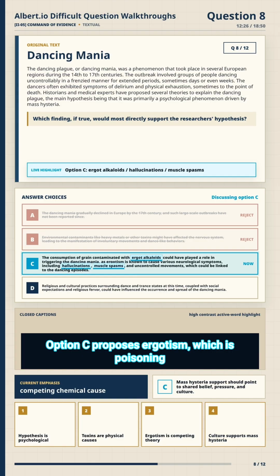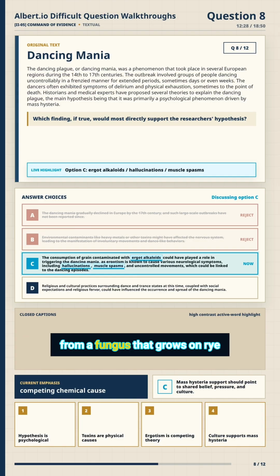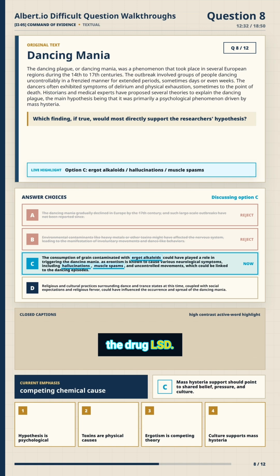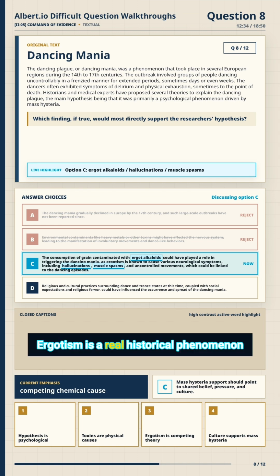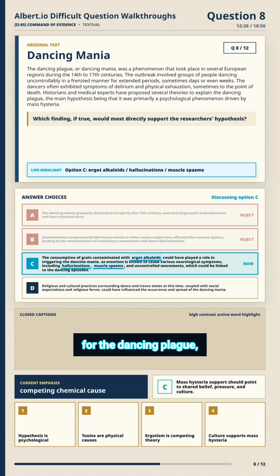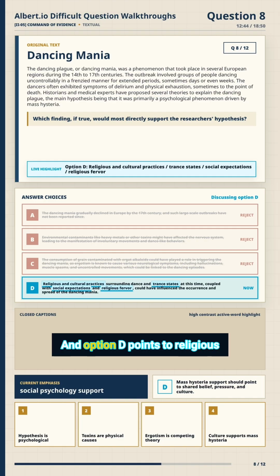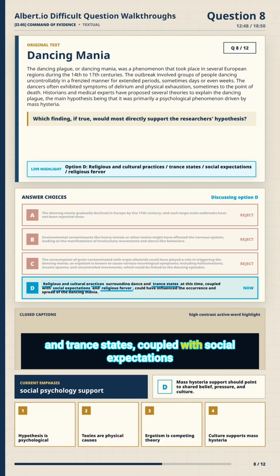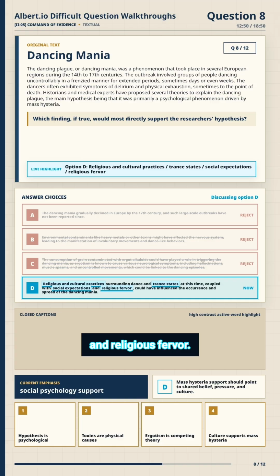Option C proposes ergotism, which is poisoning from a fungus that grows on rye and produces compounds that are similar to the drug LSD. Ergotism is a real historical phenomenon and has been proposed as an alternative explanation for the dancing plague, but this is a neurological or chemical cause, so this competes with the claim of mass hysteria. And option D points to religious and cultural practices surrounding dancing and trance states, coupled with social expectations and religious fervor.